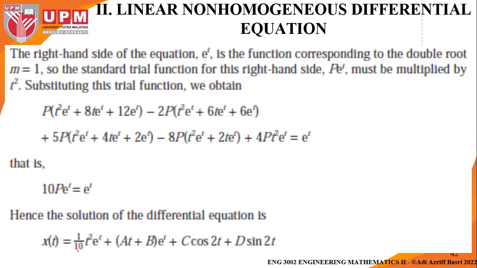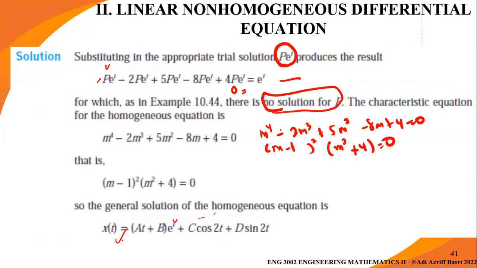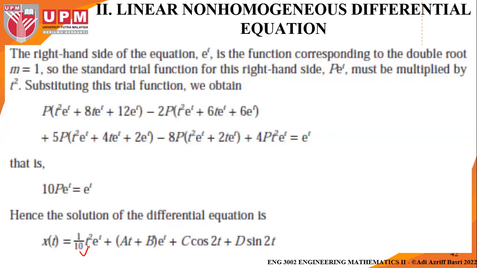So you put it into the main equation: 1 over 10 T squared exponent T plus AT exponent T plus C cos plus D sine. Okay.